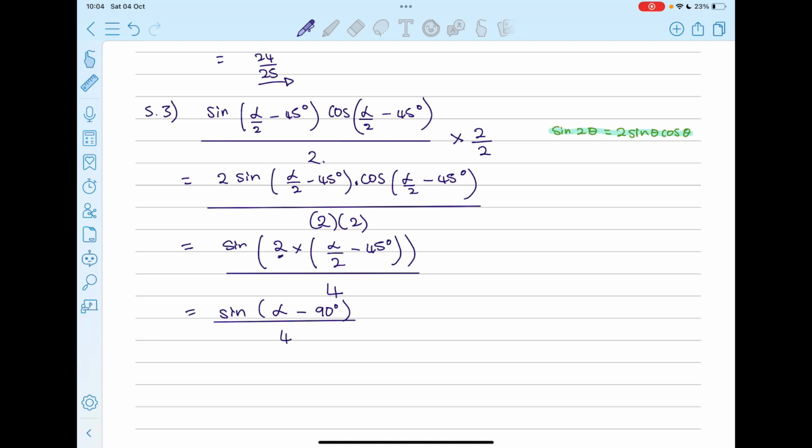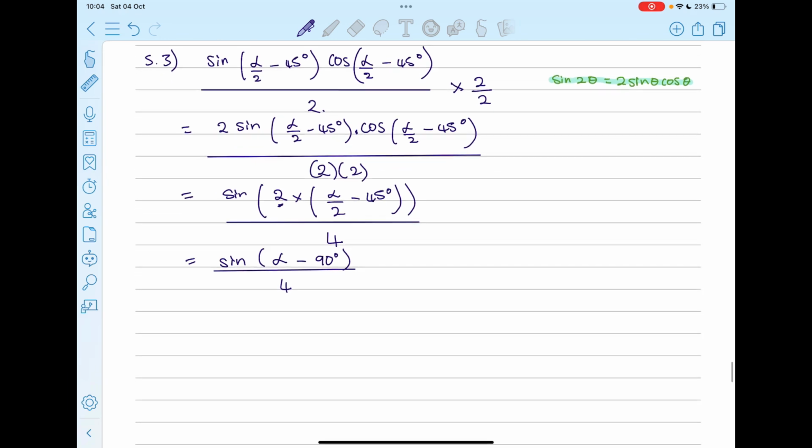So now we've got sine (alpha minus 90), which looks like a co-ratio, but we can simplify it. We take out a negative, and then we write the 90 first. Once we take out the negative, 90 becomes positive, and alpha becomes negative.